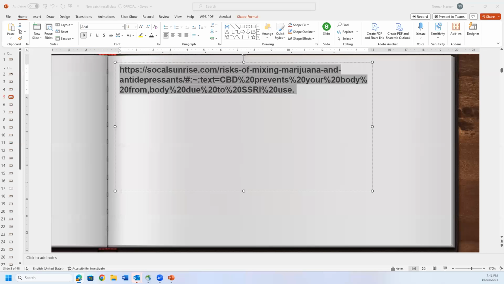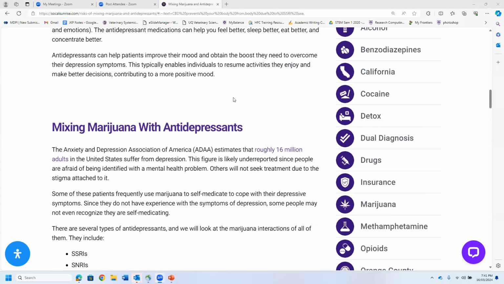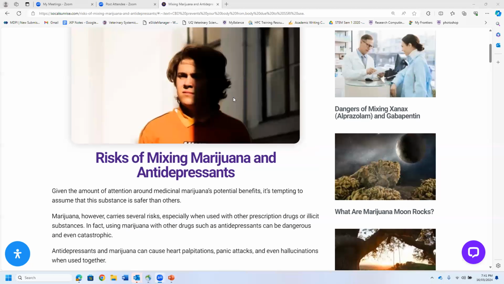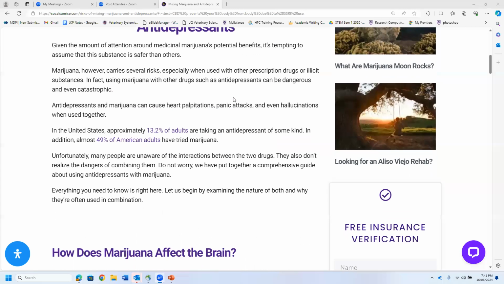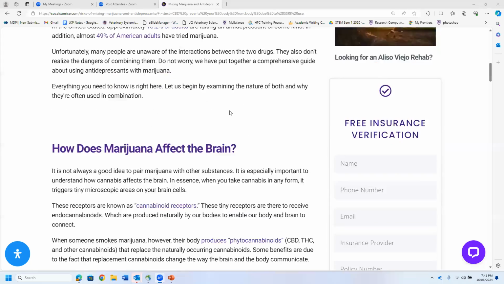So I have given a source here. Let's have a look at that. So if you look over here, risk of mixing marijuana and antidepressants, this is the source I'm going through.